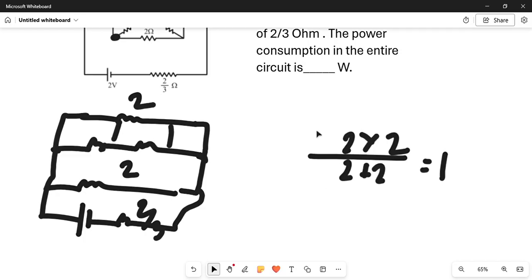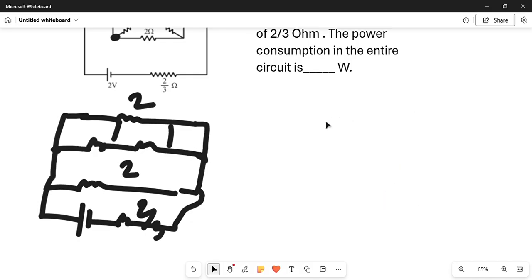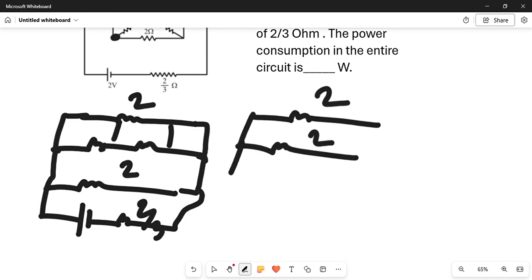Okay, so what will be the equivalent resistance? This is 2, and this is 2 and this 2, all are in parallel. So the equivalent circuit is 2, this is 2 and this is 2.